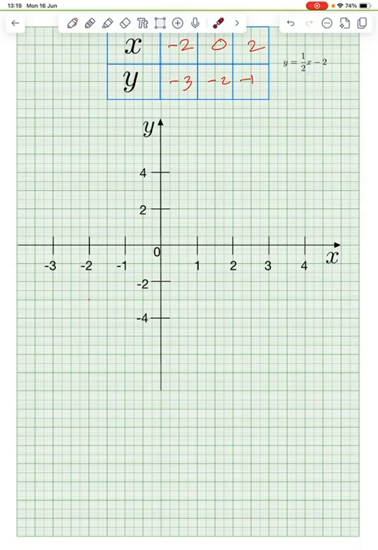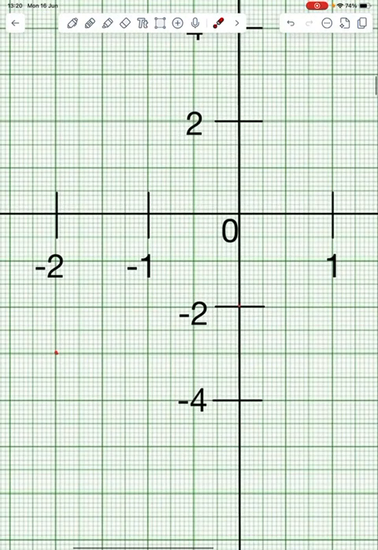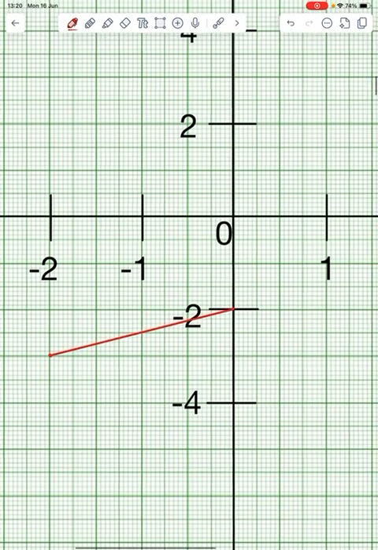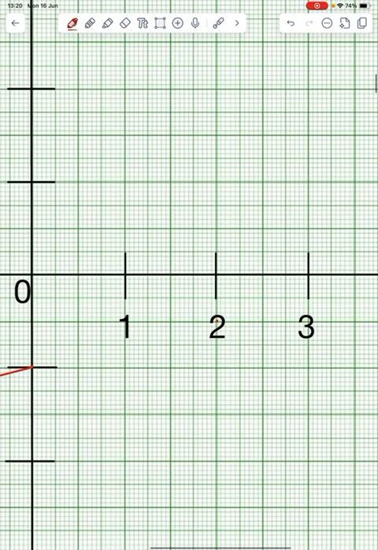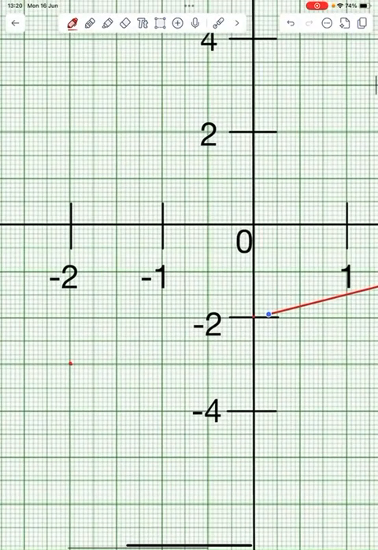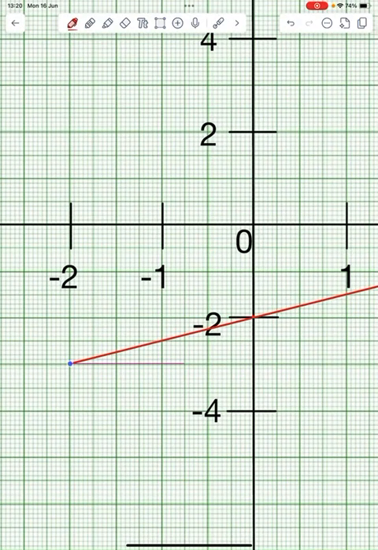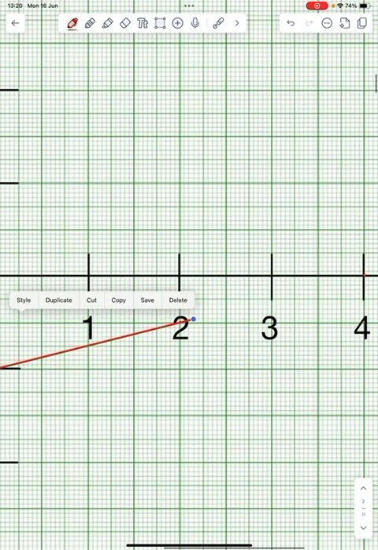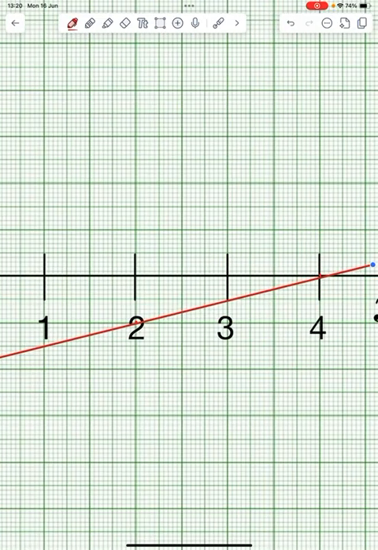Negative 2, negative 3, that is your point here. And 0, negative 2, this is your point, and of course 2, negative 1, this is your point. We zoom in and we start to draw the line, join the points. We can push it further up, all the way up.